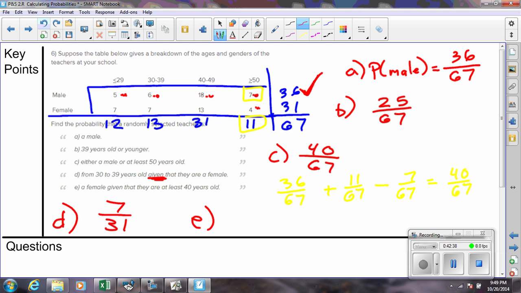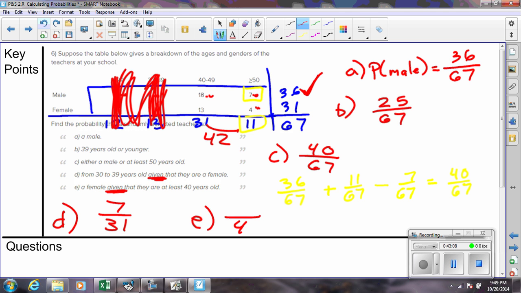Lastly, for part E, find the probability that they are female, given that they are at least 40. So if a person is at least 40, it says these ages don't exist in this problem. How many total people are there? 31 plus 11 would give us a total of 42 people.